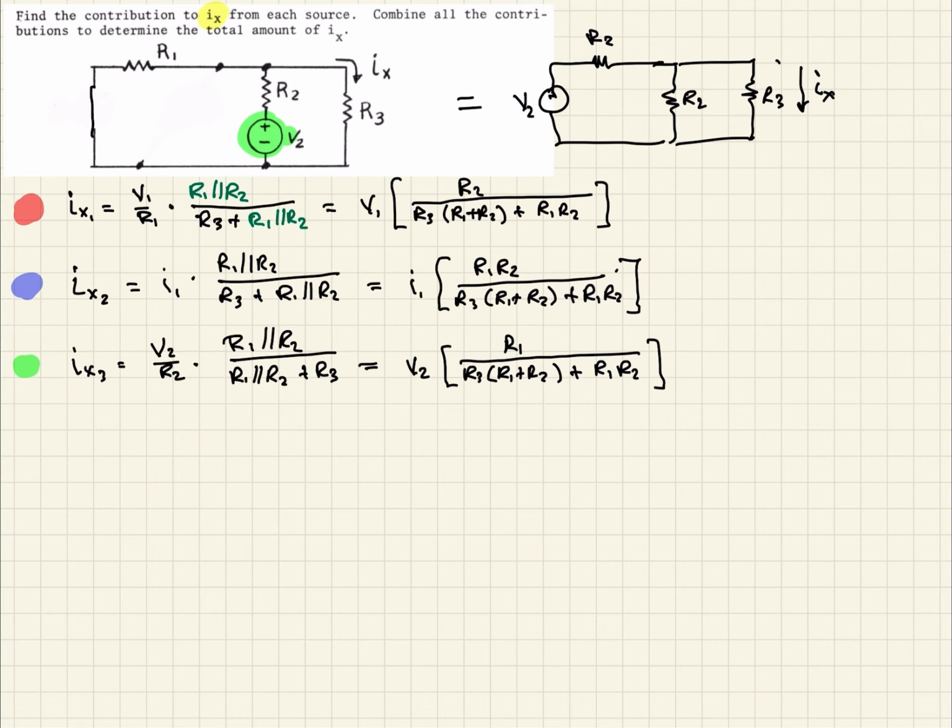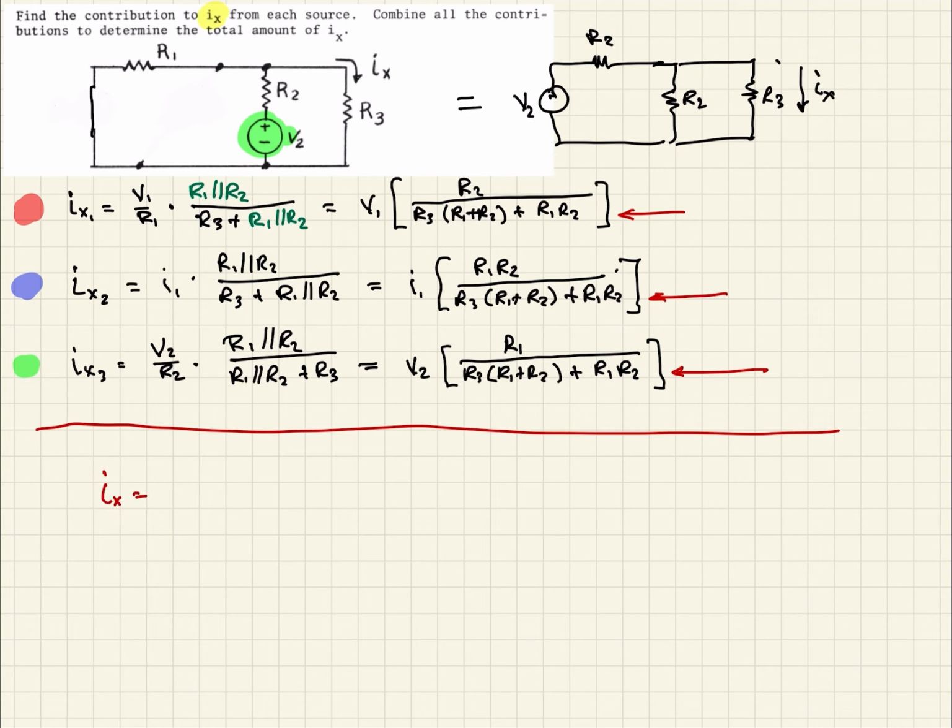So now we should notice that in each of these cases, the denominators are all exactly the same. So then we should be able to come down here and write the total IX, which we're going to say is IX1 plus IX2 plus IX3 from above. And so when we combine all these terms, since the denominators are the same, we just add the numerators.